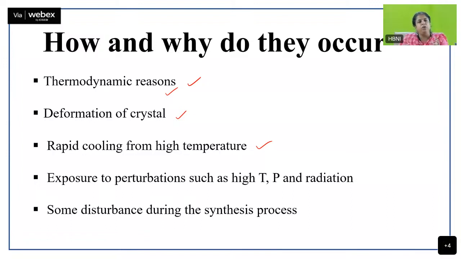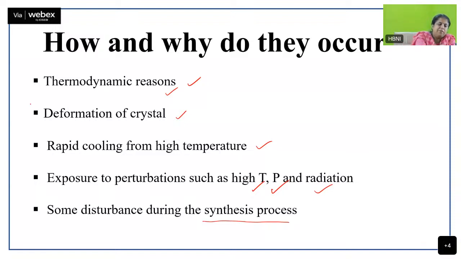Let's say the atoms were vibrating very fiercely; if you quench them, they would be forced to stay in that particular position, creating defects. Exposure to perturbations like high temperature, high pressure, or radiation also leads to defects. Or during the synthesis process, you may have provided some disturbance or perturbation that can also lead to defects.